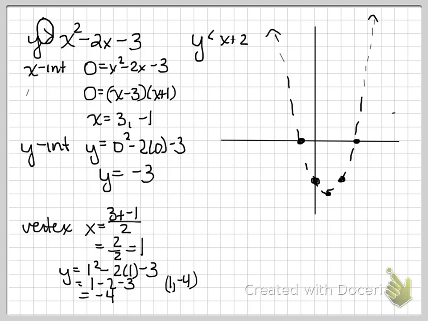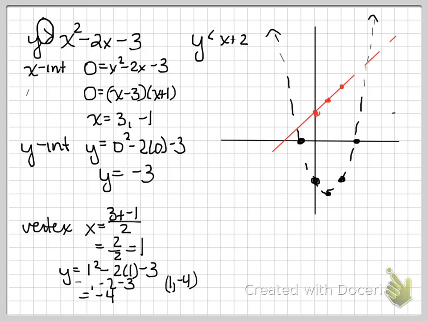So x plus 2, we're going to start at 2. And we're going to go up 1 over 1. Again, we're going to make a line. And again, this one's dashed.